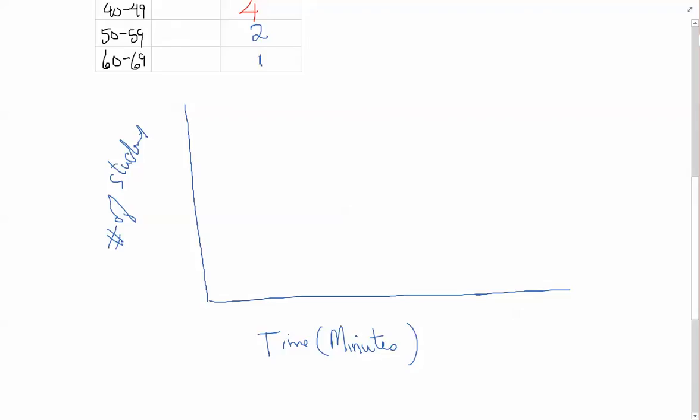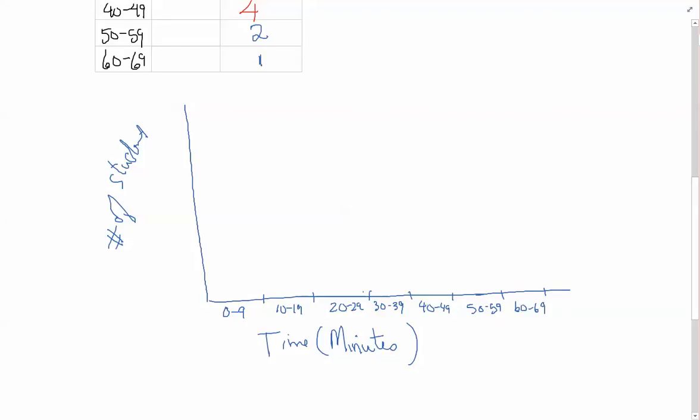Remember, we're going to split this from 0 to 9, 10 to 19, and so on. So this is 0 to 9, 10 to 19, 20 to 29, 30 to 39, 40 to 49, 50 to 59, and 60 to 69.